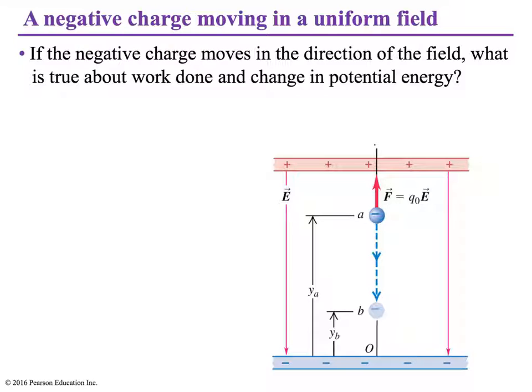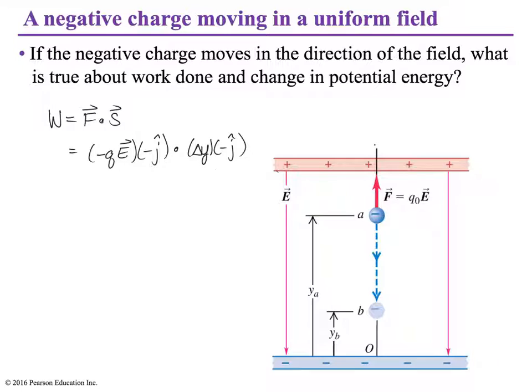Similarly, if we look at a negative charge and we think about it moving in the direction of the electric field, now let's find the work. Okay, remember the electric field is down still. So my work is equal to force times displacement. This is minus Q times E, and that's in the minus J direction. My displacement is delta Y, and that's also in the minus J direction.